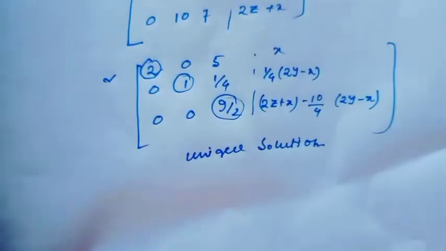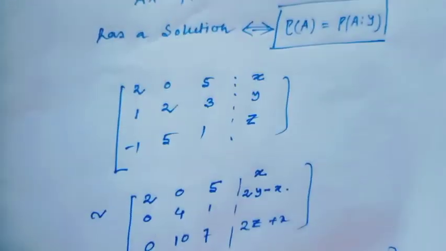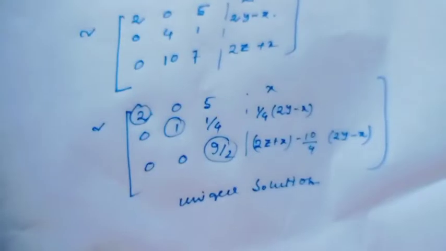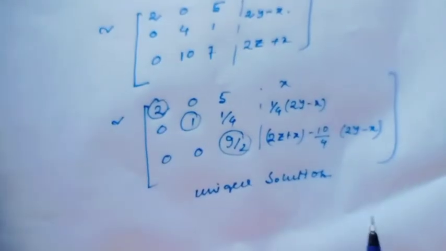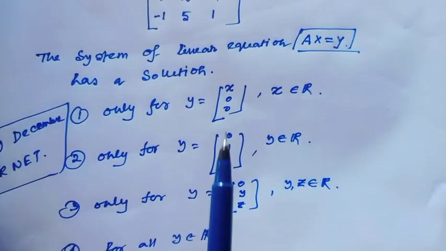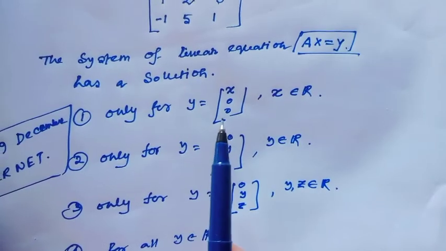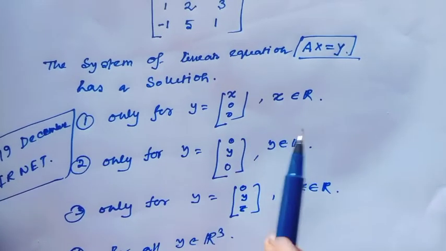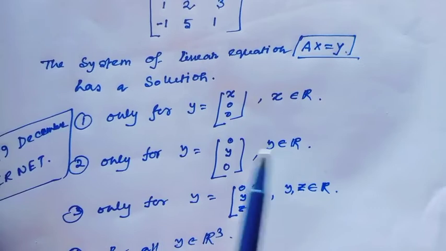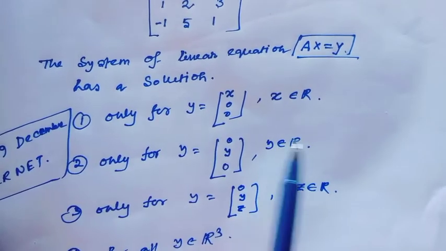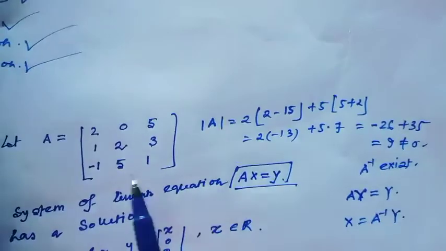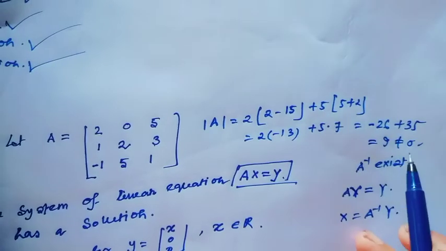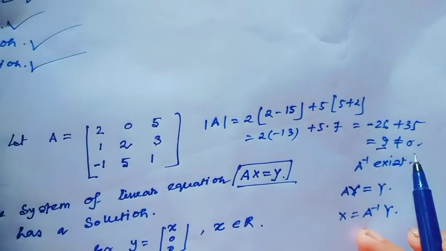By this operation, we can tell there always exists a unique solution. Here the question asks for which y the solution exists. For this, I will apply the determinant. Notice the determinant of the matrix is 9, so it is not equal to 0.